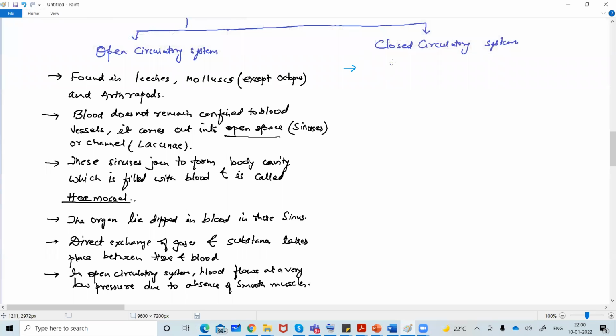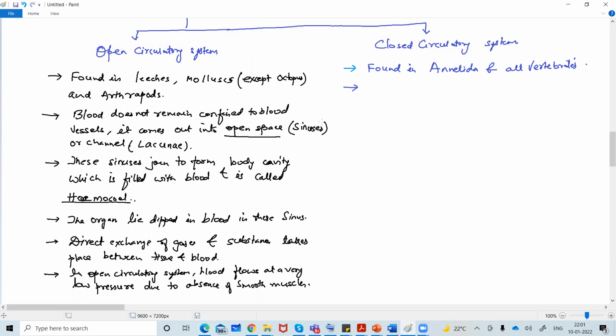In the closed circulatory system, you will find this system in annelids, Annelida, and all vertebrates. Now, what about the blood? Blood remains in the closed circuit. There is no leakage. It is not exposed to any open area, right? It is confined to the closed circuit itself.